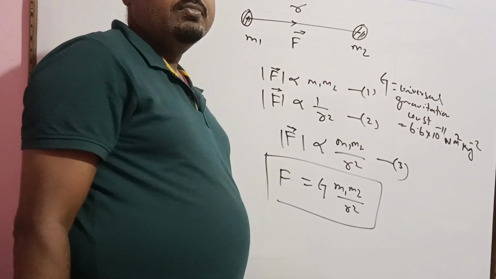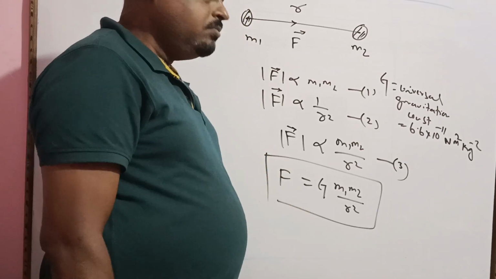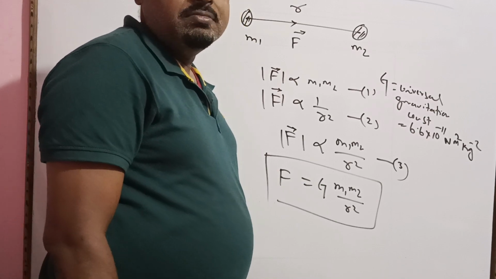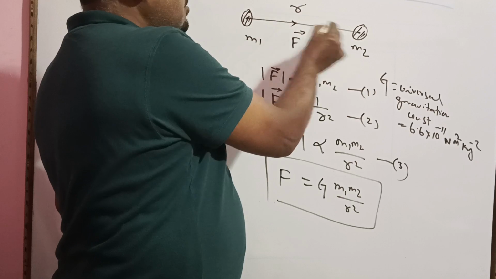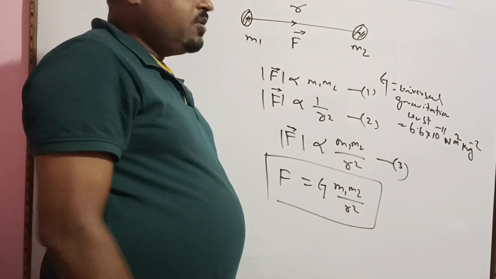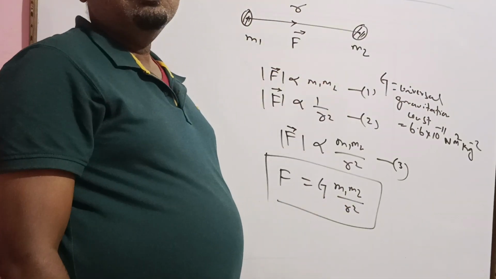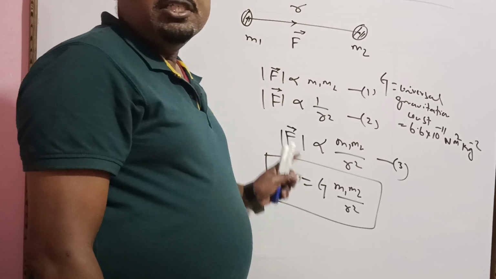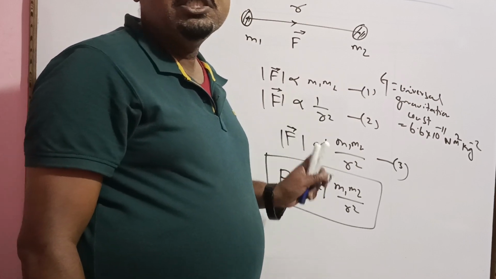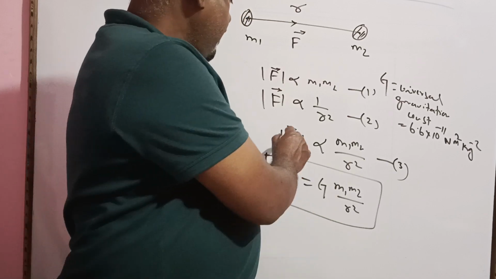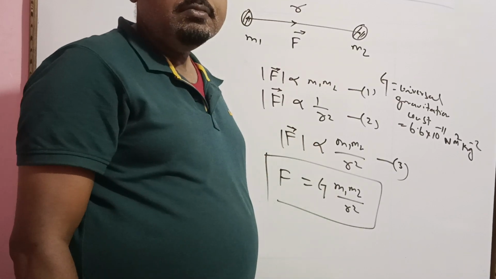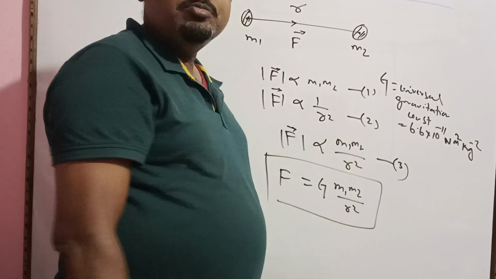This is the magnitude of the gravitational force, right? The force between two masses is directly proportional to the product of the masses and inversely proportional to the square of the distance between them. Combining both, F is proportional to m1 m2 by r square.